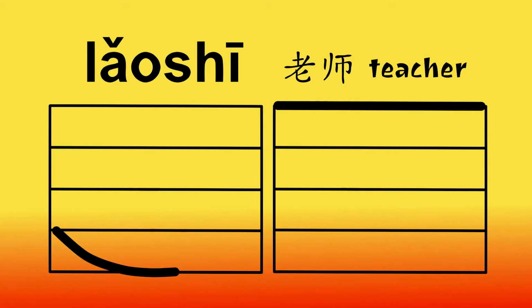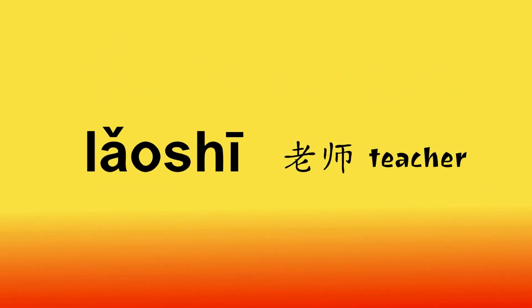老师, 老师, 老师, 老师. Now say it yourself. 老师, 老师, 老师, 老师. Here are some more 3-1 combinations. 许多, 许多, 已经, 已经, 指出, 指出, 北京, 北京.